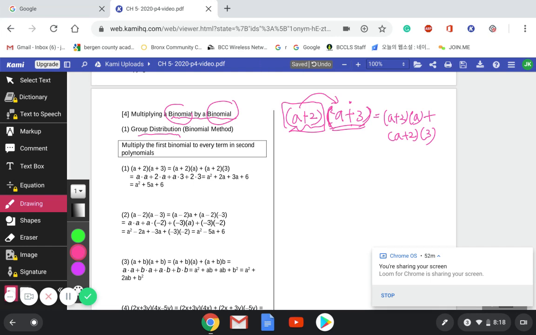Again, when you do that, rewrite this as a with a plus 2 by writing monomial first, plus 3 with a plus 2. So when you do that, and I distribute them with a plus in between, a squared plus 2a, plus, when I distribute this with a plus in between, 3a plus 6.